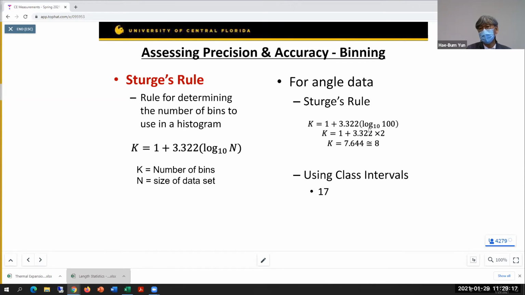Then log base 10 of 100 is 2, right? So then you will have 7.644.